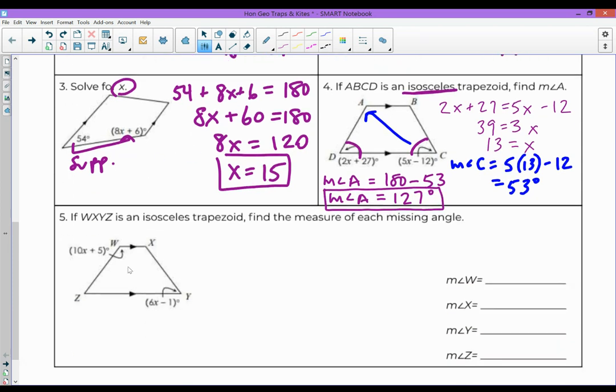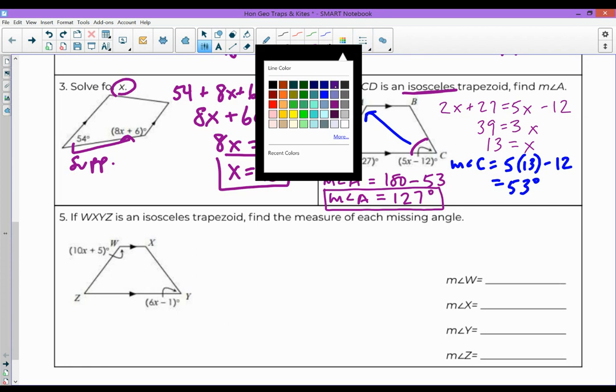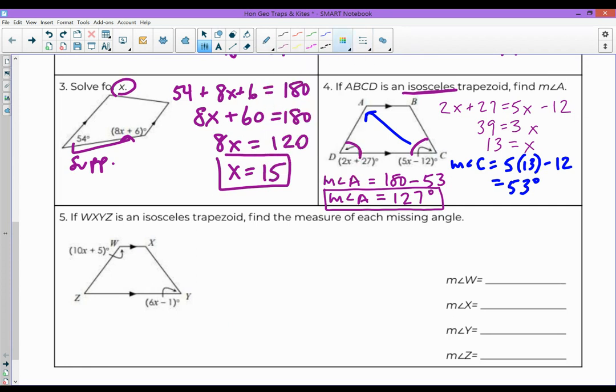Fun stuff to do. And same idea here with another isosceles trapezoid. So if this is an isosceles trapezoid, find the measure of each missing angle. So those will be congruent, these will be congruent, and then those are going to be supplementary. So my first equation is to add these two angles together and set it equal to 180.